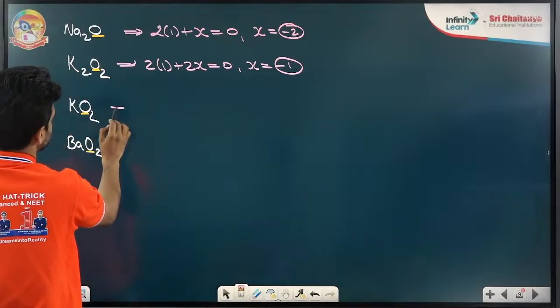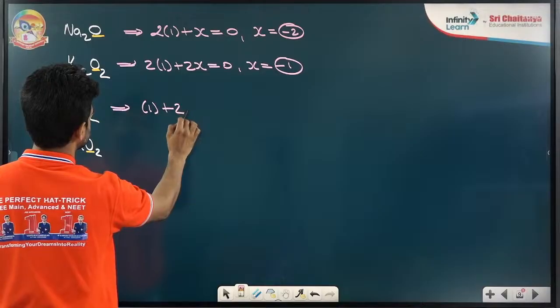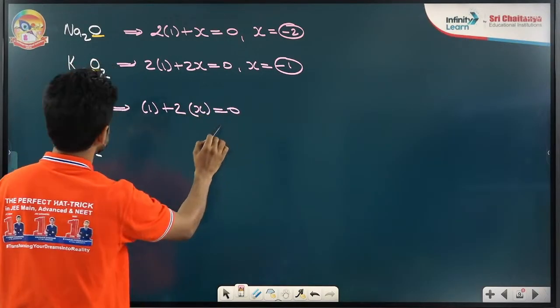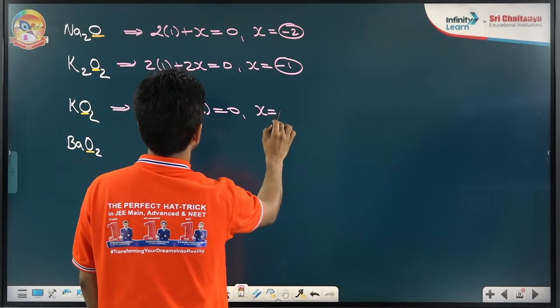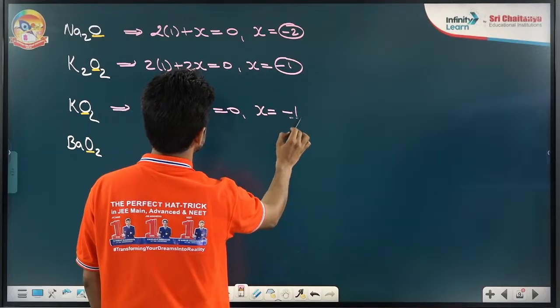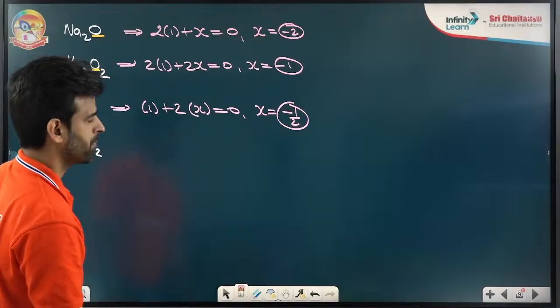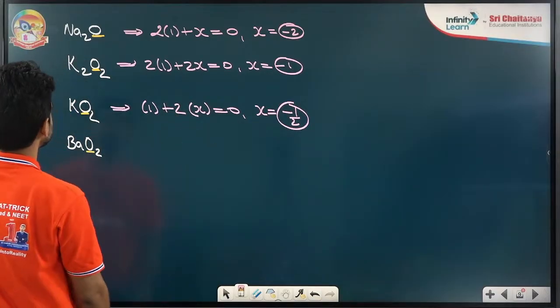Okay. KO2, beta. Potassium is 1. Oxygen, 2 into x equals 0. So x is coming how much? You can say -1/2, right? It's coming -1/2. Great.